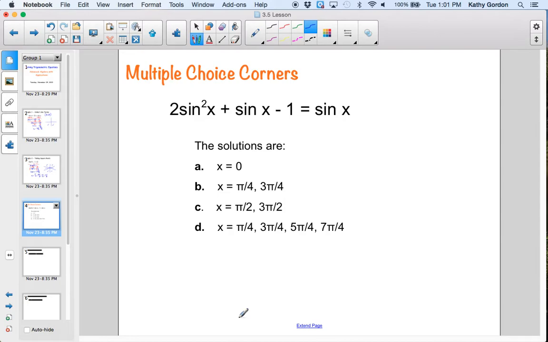Subtract the sine x from both sides. When you did that, it ended up canceling them both out. So now you're left with 2 sine squared x minus 1 equal to 0, right? Because you subtracted it.